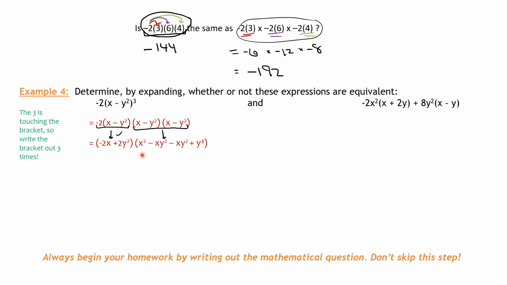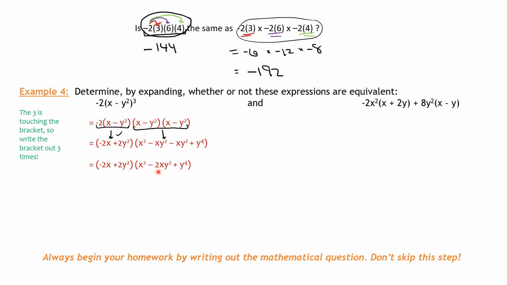So I've gone ahead and done these steps here. I've done this distribution. Now the next thing is, are there any like terms inside each bracket? This bracket has no like terms. This bracket does. The middle 2 terms are the same. We've got a negative xy squared and a negative xy squared. That's going to make a negative 2xy squared, like terms.